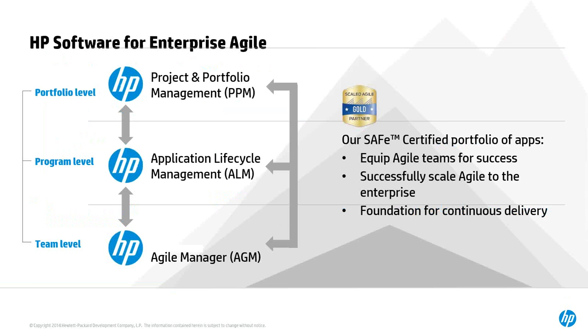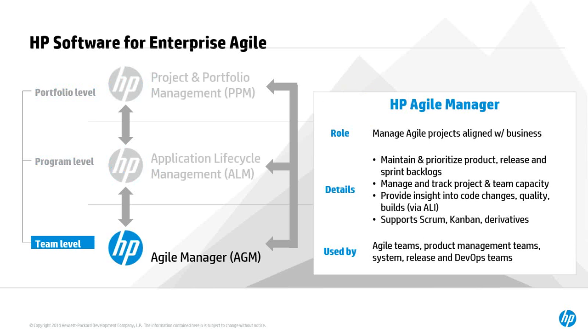So how does that work in practice from an HP software perspective? Our SAFe certified portfolio of apps will help equip your teams for success and scale to the enterprise level, and act as a foundation for continuous delivery for those people that are looking at DevOps solutions to achieve faster releases. At the bottom, we look at Agile Manager.